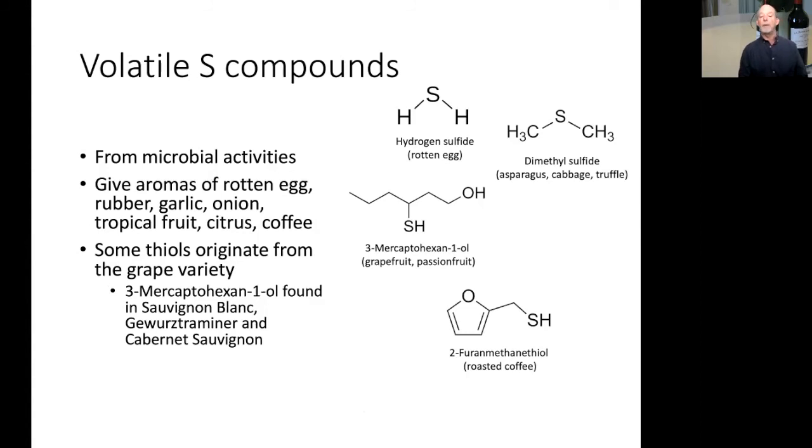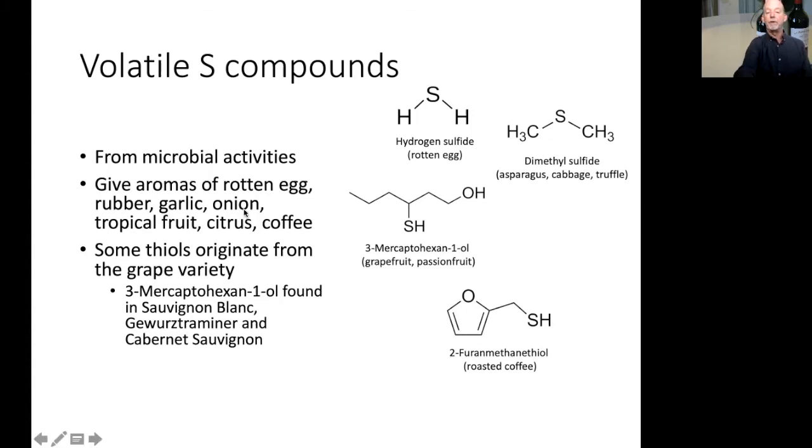We have 3-mercaptohexane-1-ol, which is the grapefruit or passion fruit aroma. And then we have 2-furomethanethiol, which is the aroma of roasted coffee. So these compounds are generated by microbes in the wine, yeast largely, but there could be even bacteria in the wine that could contribute to that.